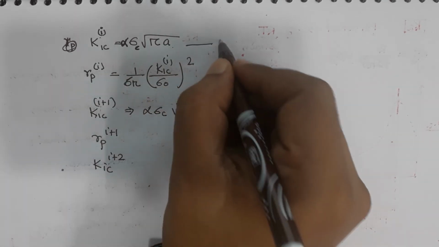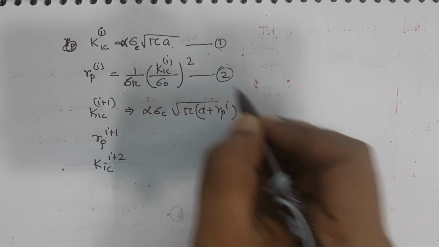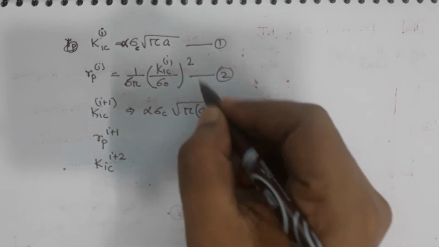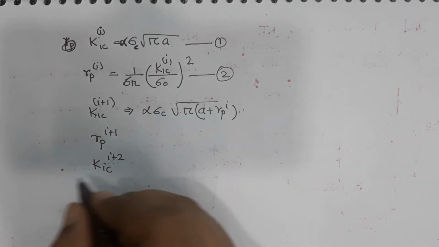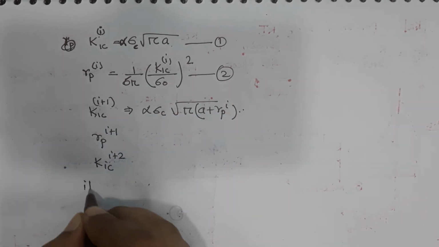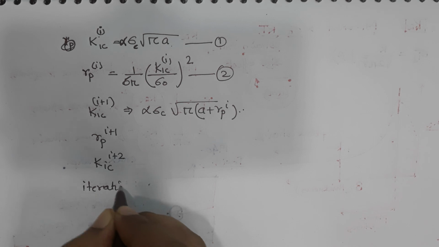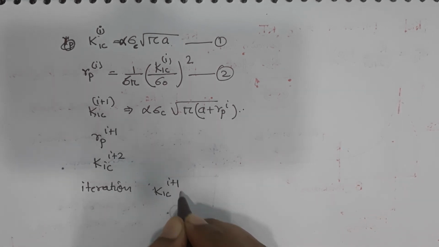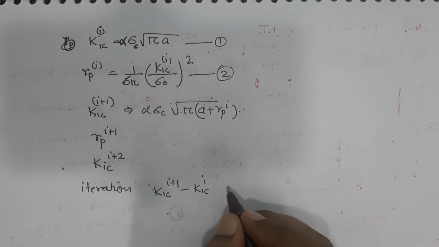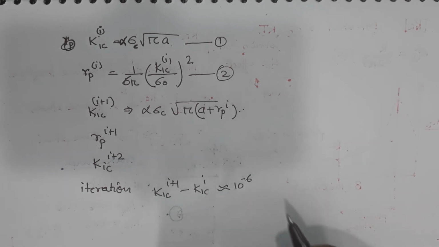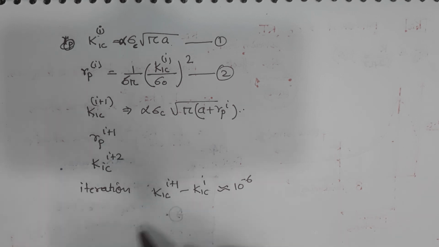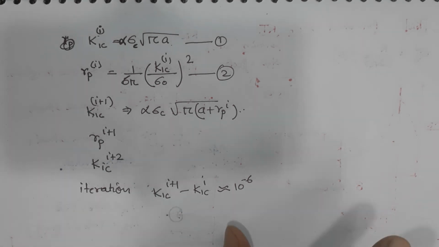So, you remember this equation and this equation. These two equations are being repeated and we are following an iteration, okay. And we do this until the difference between K1C i plus 1 minus K1C i is very small, equal to let us say 10 to the power minus 6 or so. When these two values converge, then we say that we have found our value of fracture toughness.